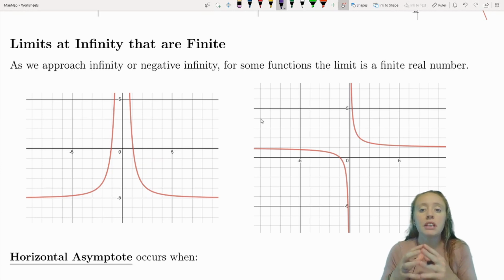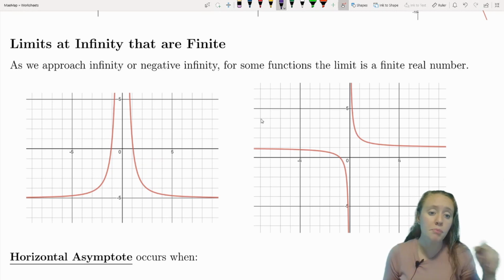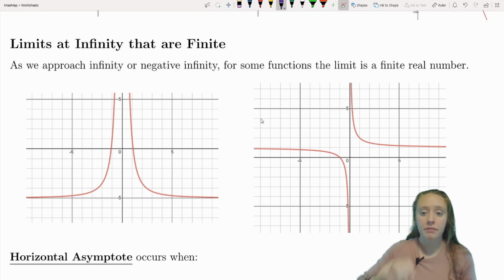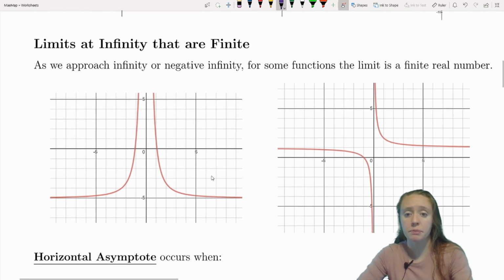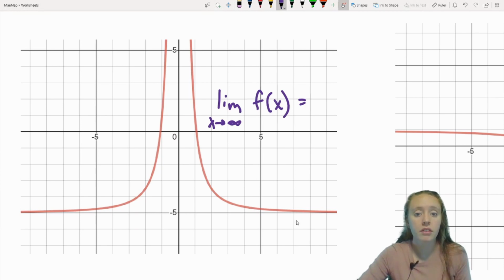So as we approach infinity or negative infinity along that x, for some functions, the limit is a finite real number. So the function will approach some finite number. For example, if we look at this first picture on the left, the limit of our function, let's call our function f of x, as x approaches infinity, is going to be equal to what?